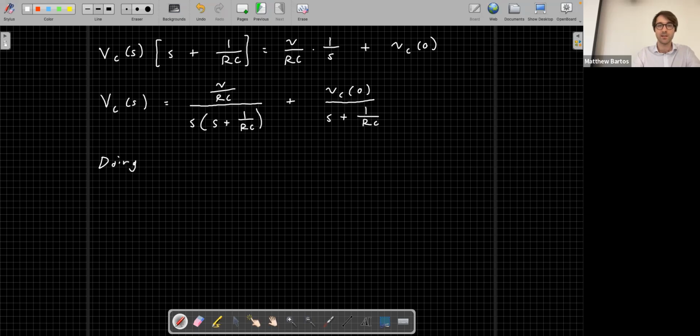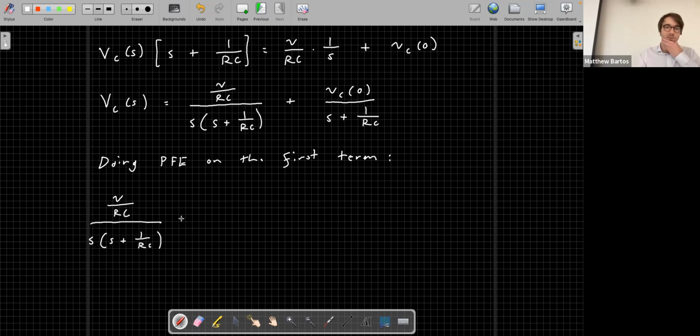So I'm going to say doing PFE on the first term. We have that V over RC all divided by S times S plus 1 over RC is equal to, what will go on the right-hand side here if we're breaking it up? We can do C1 over S plus C2 over S plus 1 over RC.